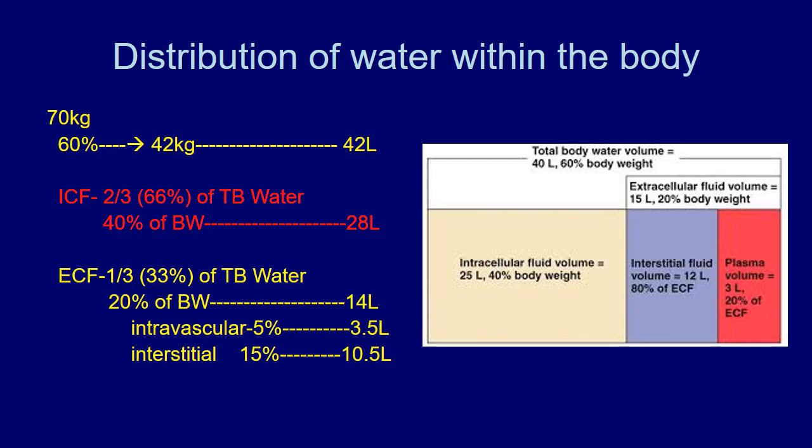So this is two-thirds of the water amount, and this is one third or 33%. Out of that one third, which is about 20% of the body water, a small amount is in the intravascular compartment as plasma volume, and the rest is in the interstitial fluid in between cells.